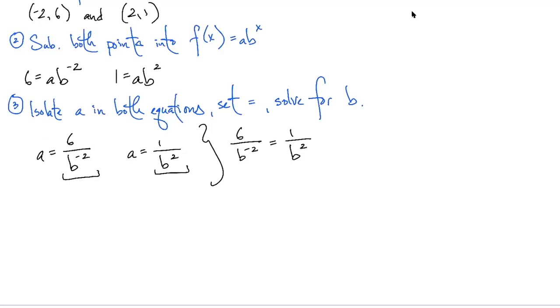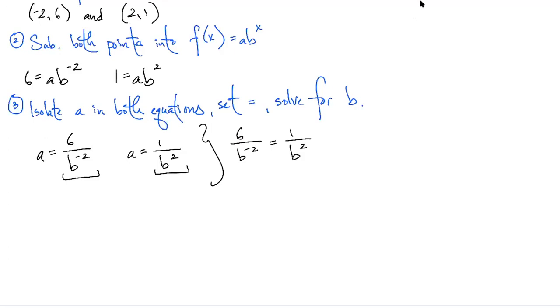And the same thing with the other side, 6 over B to the negative 2, I could maybe clean that up, but one of the things that I find really useful, when I see a fraction equal to another fraction, I'm like, yes, because I can actually go ahead and cross multiply, okay? Or I think like David is kind of saying, multiply each side to find a common denominator, right? So we're actually going to go ahead and cross multiply here.